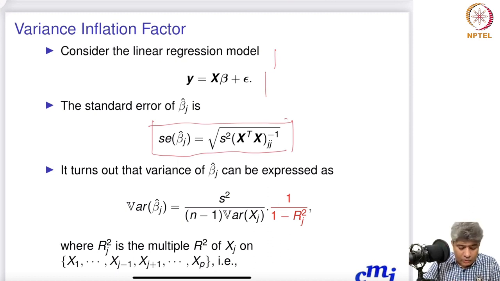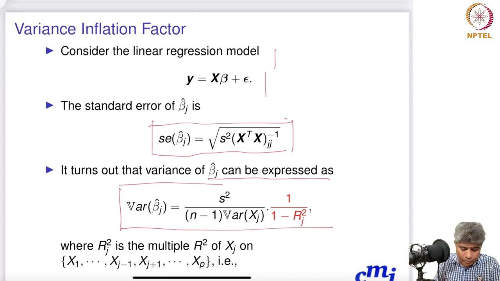It turns out that the variance of beta j can also be expressed as sigma squared over (n minus 1) times the variance of xj, times 1 over (1 minus Rj squared).